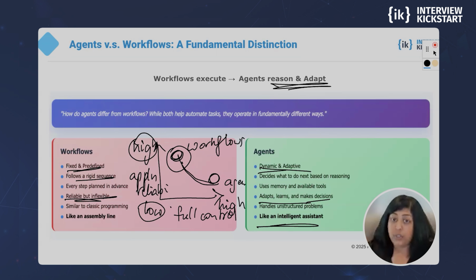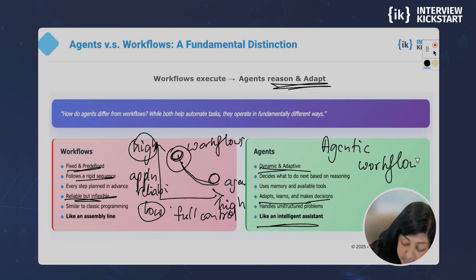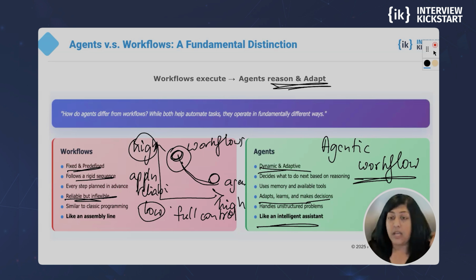Both of them are automating tasks for us, but they operate in fundamentally different ways. And an agentic AI application like ML AMP is bringing the two together in an agentic workflow. Okay, and that's the best of both worlds that ML AMP is tapping into as an agentic AI application.